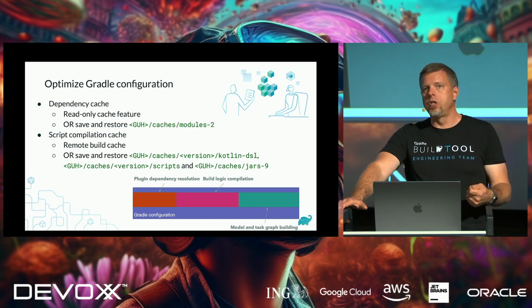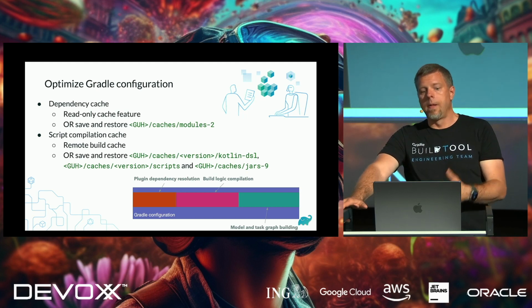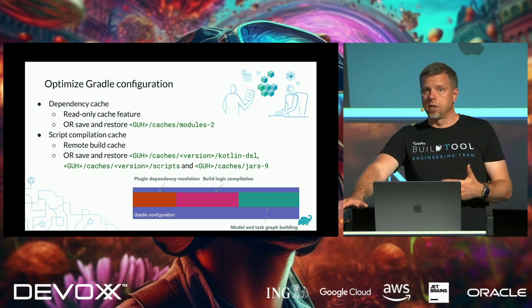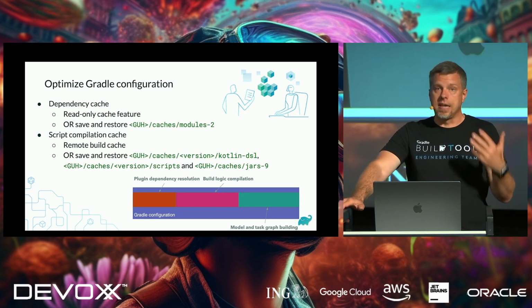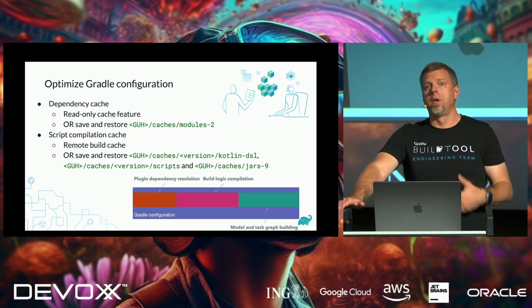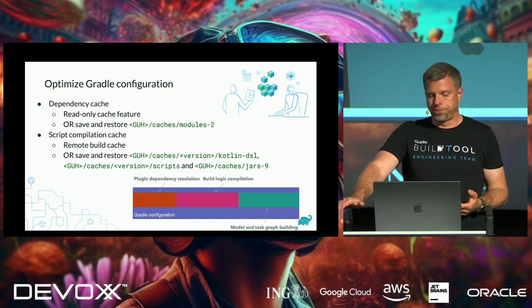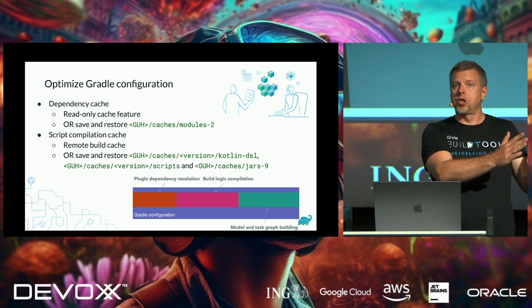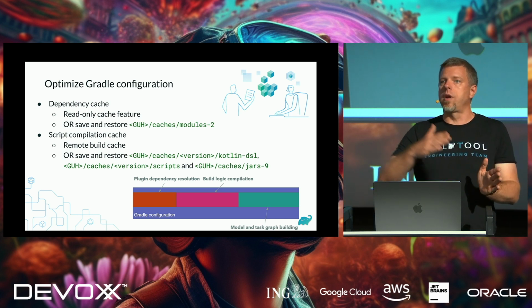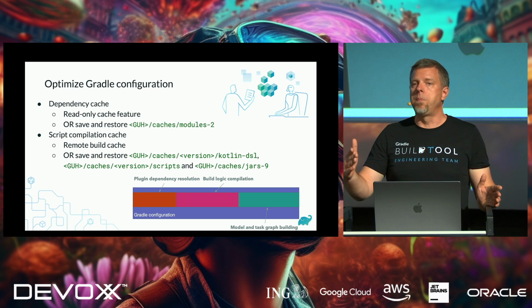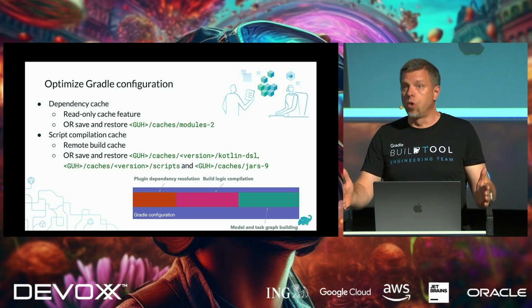When you look at languages like Kotlin, for the Kotlin DSL, reusing compilation results can really be a time saver because there is a price to pay for starting up and running Kotlin compilation. And so remote build cache is one way, but still it means you have to pay a network price. So depending on your setup, that may be too costly.